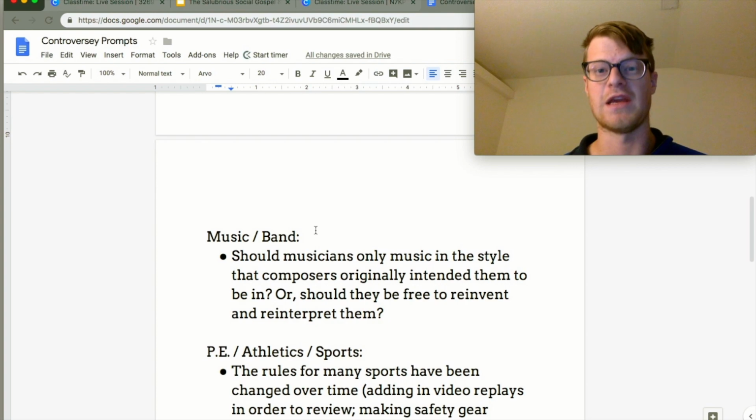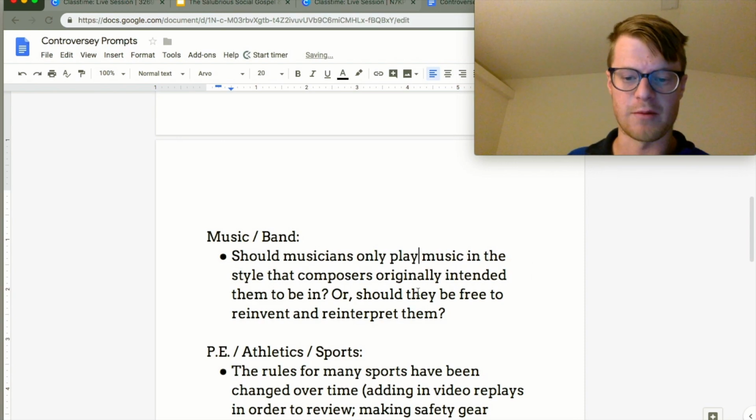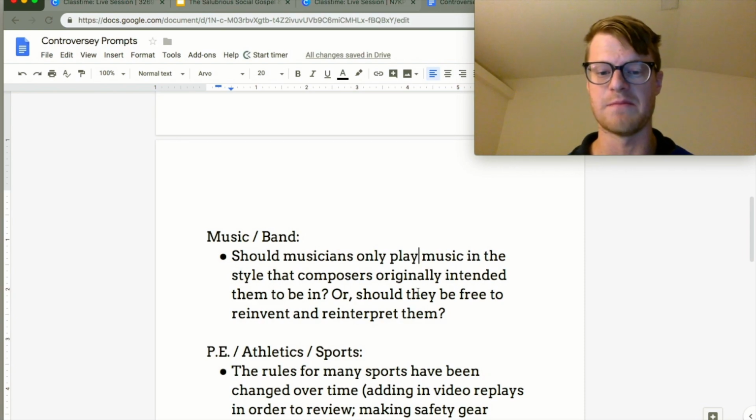Music and band. You can even do class time with this. Should musicians only play music in the style that composers originally intended, or should they be free to reinvent and reinterpret it?